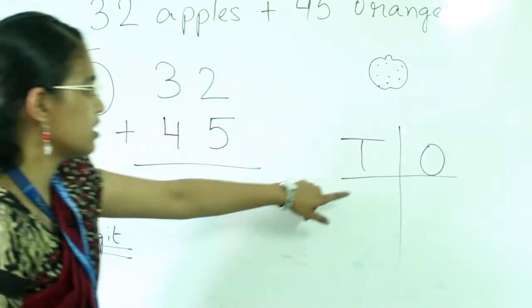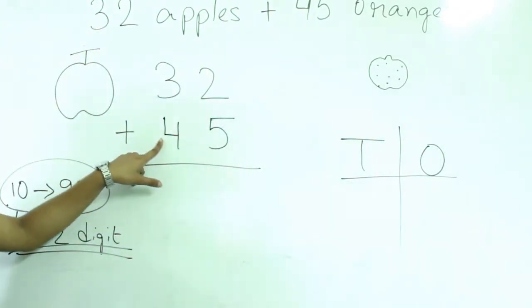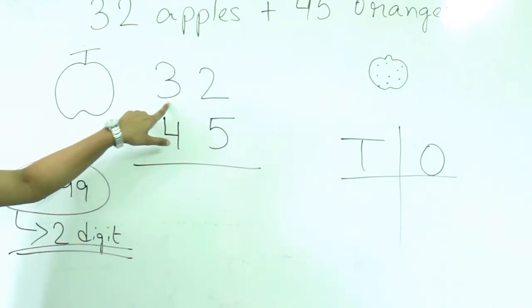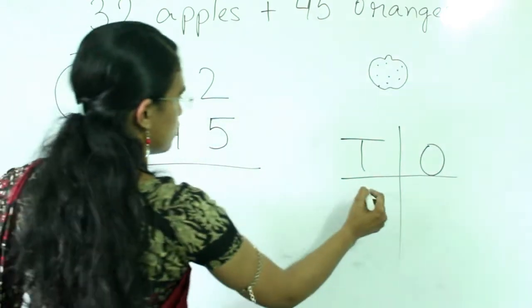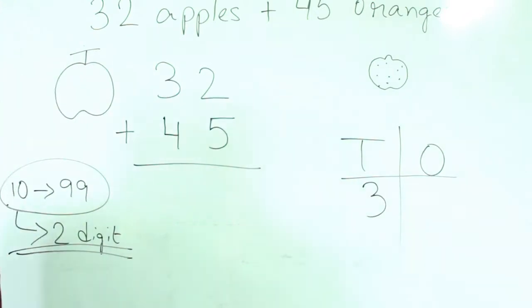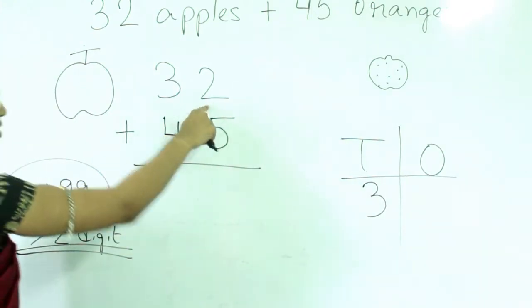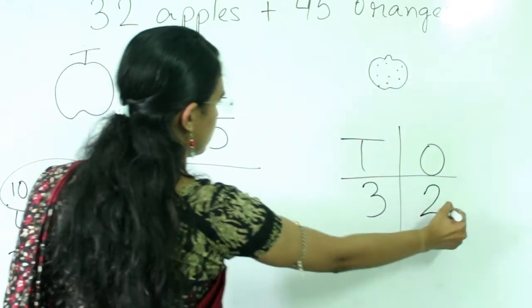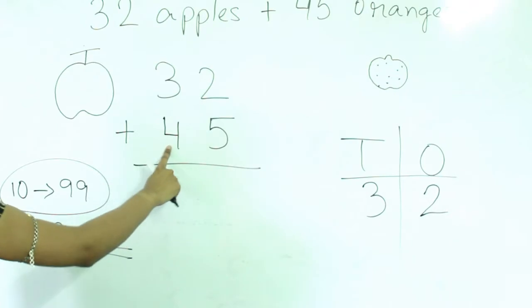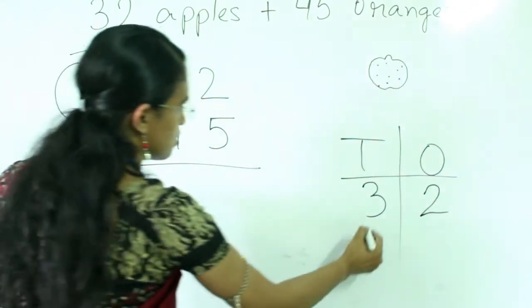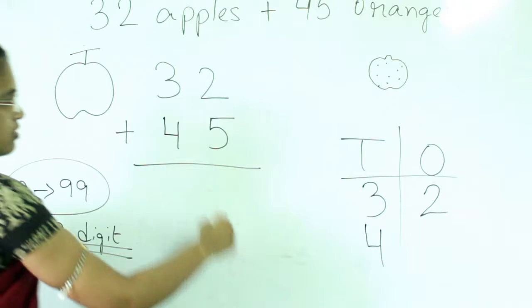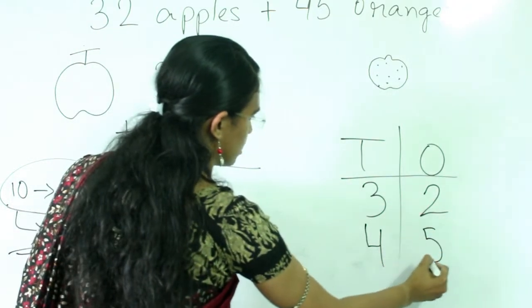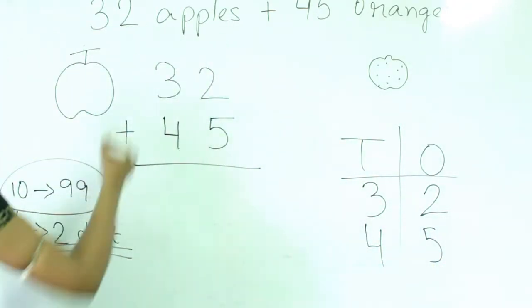So in the tens place we have to put the first number, that is here in 32, which one is in the tens place? 3. So we have to put 3 in the tens place, and then 2 is in the ones place. So we have to put 2 in the ones place. Then here 4 is in the tens place, so we have to put 4 in T, and 5 is in the ones place, like this. Okay.